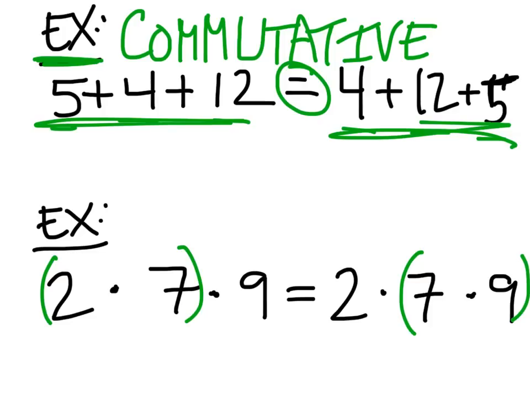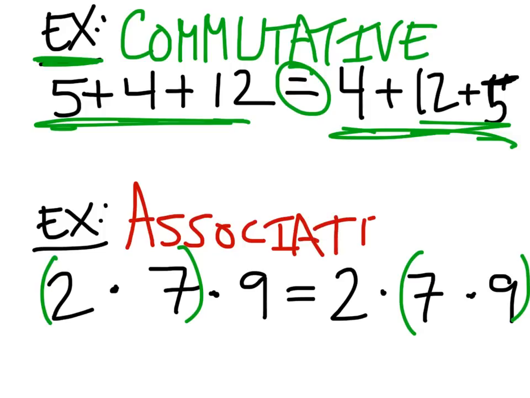If the order does not change, it's associative, okay? Okay. Does everyone see that the order didn't change? What changed in the associative property? Yes, Ashley? Where the parentheses are. See, as it turns out with the commutative property, I can still use parentheses if I want, and I can move them.